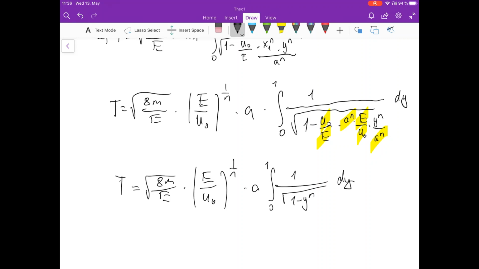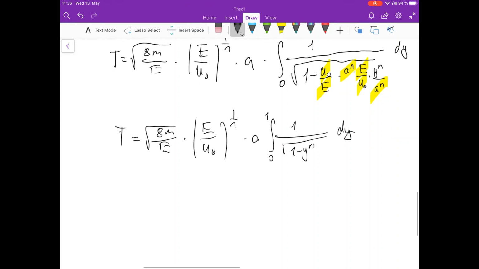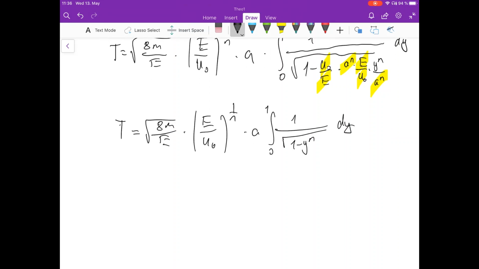But we can still solve this integral with our knowledge, and it's also not given in the paper. So let me first write it down as it is in the paper. This t is also depending on n. So t_n of e, I'm just going to write this 8 as 2 times the square root of 2.